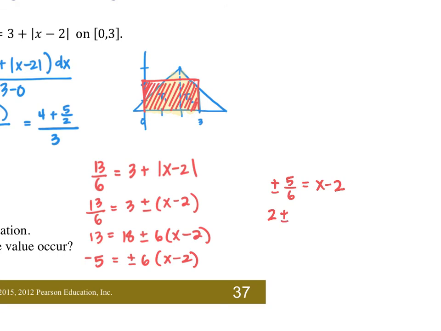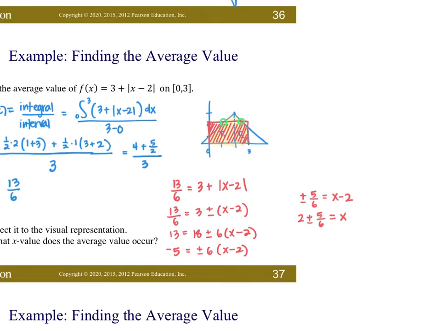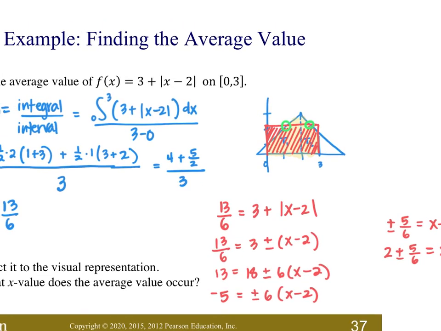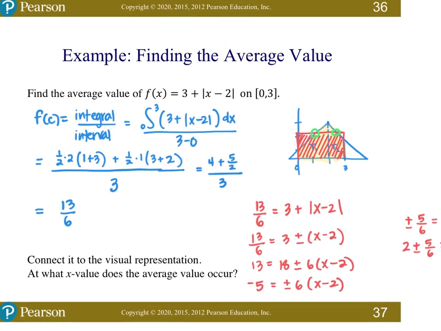So 2 plus or minus 5/6 equals x. And the x value that this will satisfy, there's 2 of them. It's because the rectangle intersected twice. So those 2 places are both places that solve this average value problem.